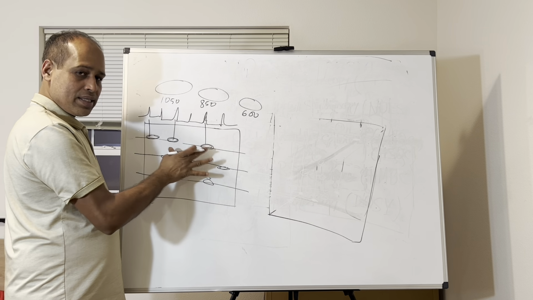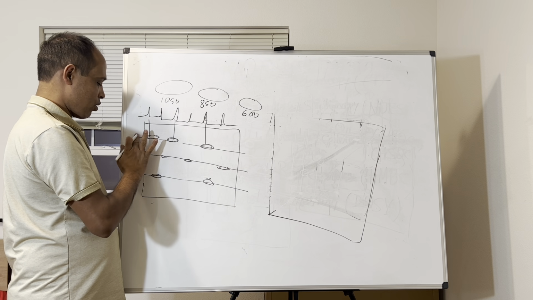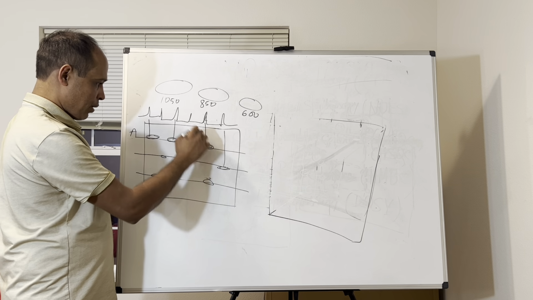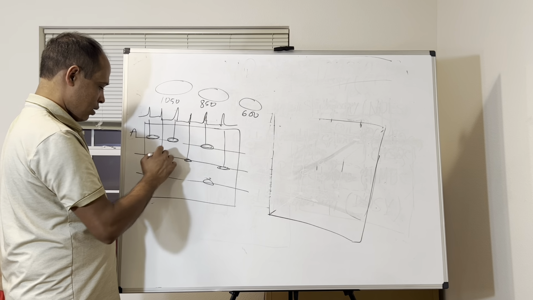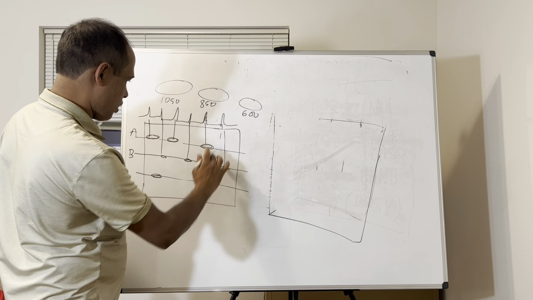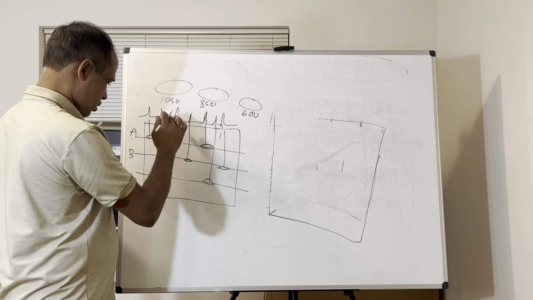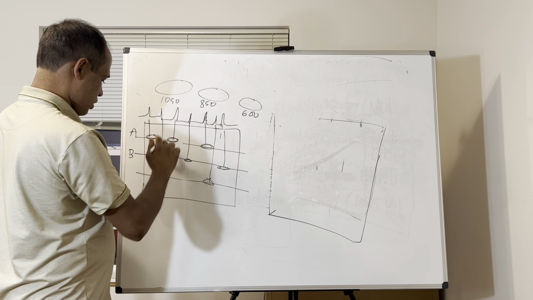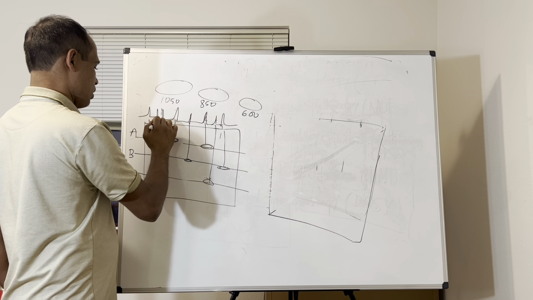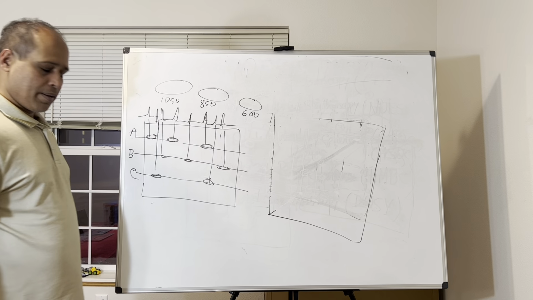So you can say easily these three peaks are for the same compound, suppose compound A, and these three peaks are another compound, suppose compound B. And these two peaks, maybe you can add one more peak here. So these two peaks are another compound, that is C.